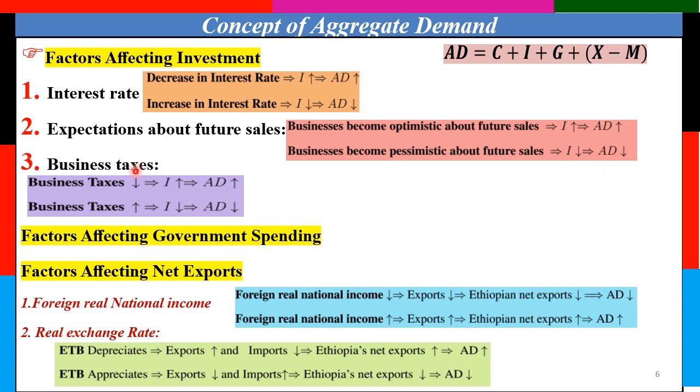The third factor that affects investment is business tax. This is obviously what you know. If the business tax is decreasing, investment is increasing and aggregate demand is also increasing.